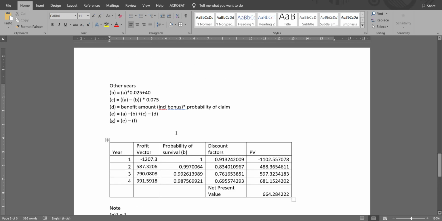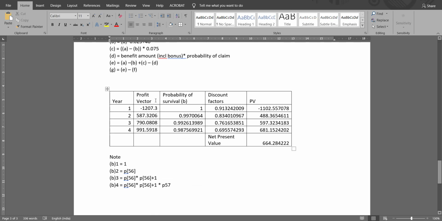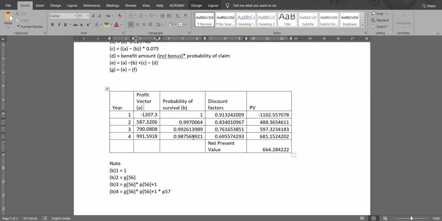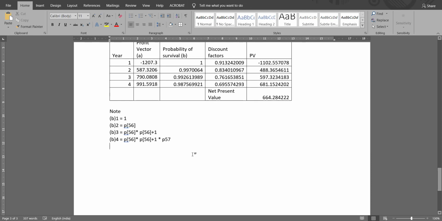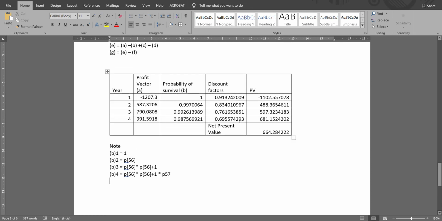Okay, so these are your notes. So this is also explained. Let me call this A just for the sake of completion. So this is done. Now you have your net present value of profit.